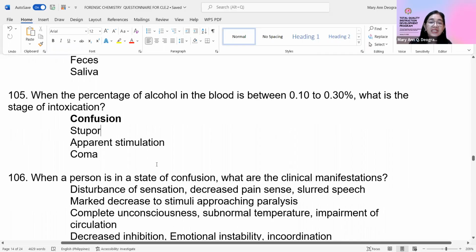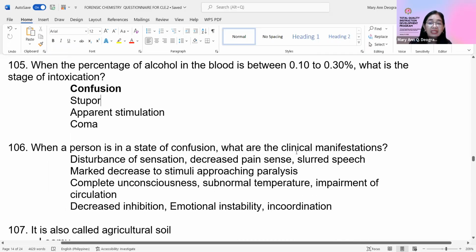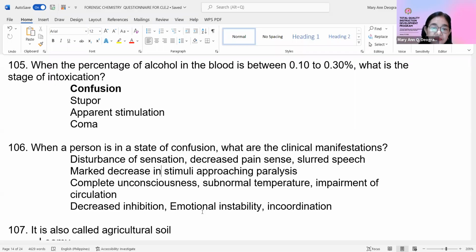When a person is in a state of confusion, what are the clinical manifestations? Ano confuse yung tao? Clinical manifestations. Is it disturbance of sensation, decreased pain sense, slurred speech; marked decrease in stimuli, approaching paralysis; complete unconsciousness; decreased inhibition, emotional instability, and coordination? Alin dyan yung confusion? Unconsciousness sa comatose na yun eh.